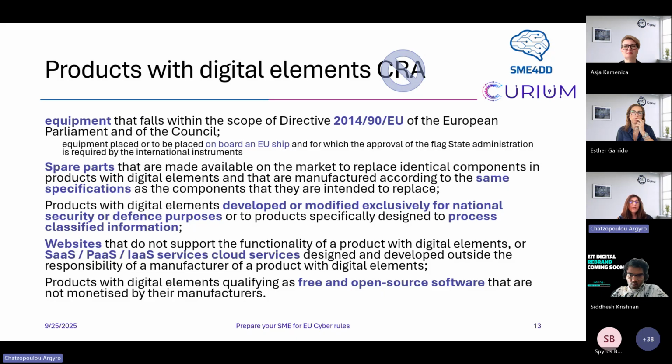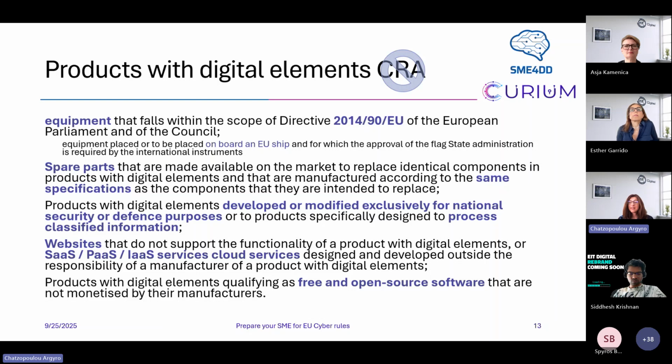And last but not least, are the products that qualify as free and open source software that are not monetized by the manufacturers. Especially for open source software, there is a very, very big debate.